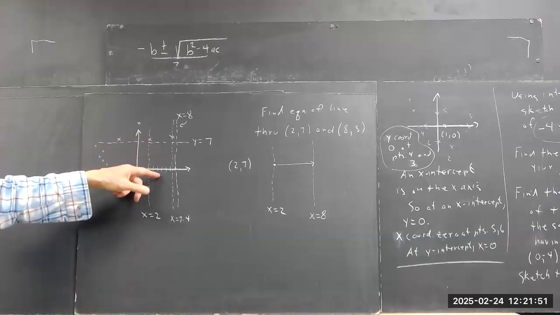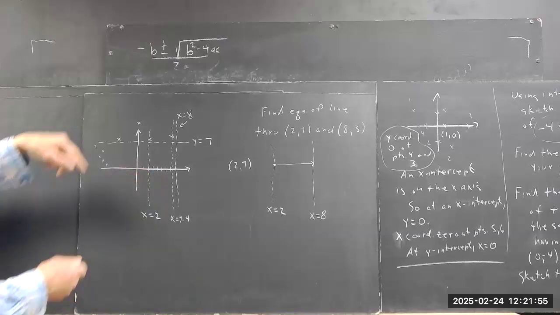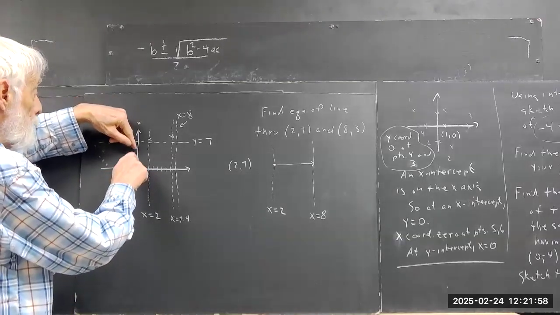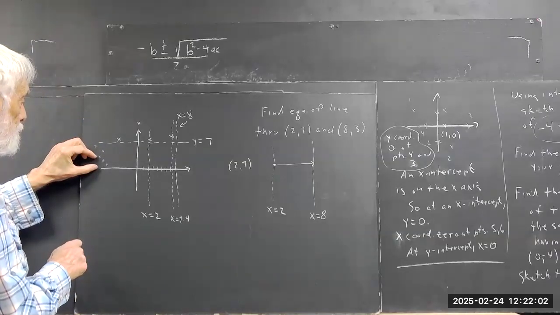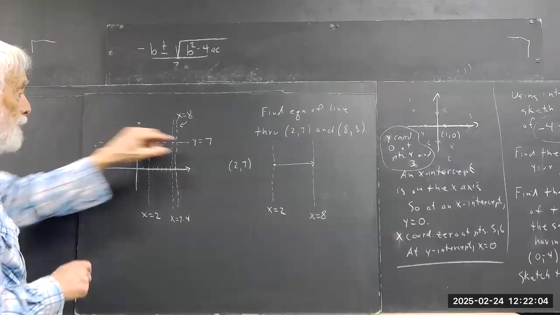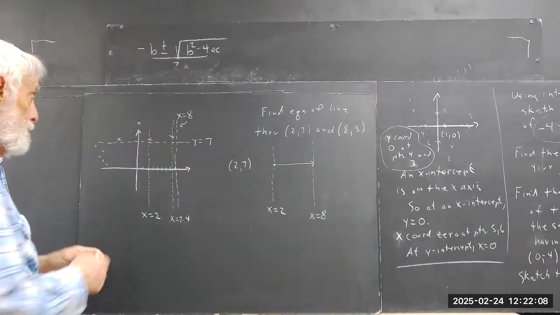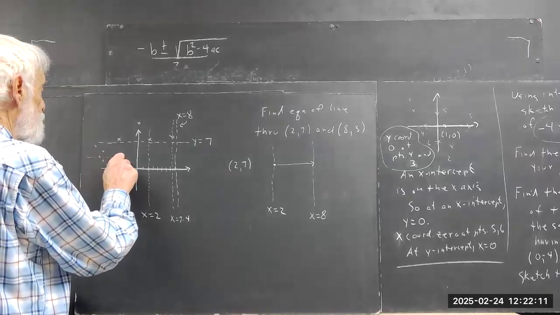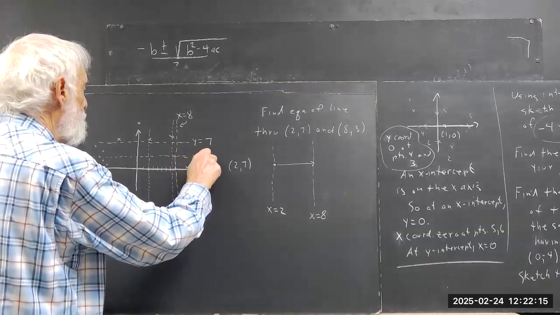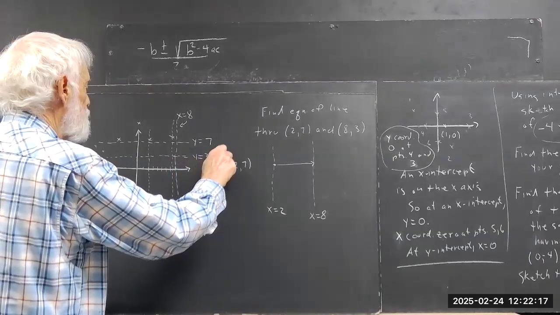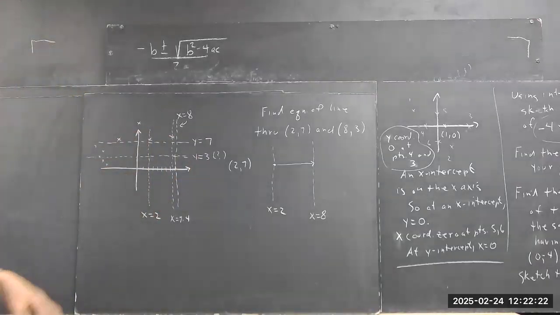Well, 3 is going to be a little less than half of 7, right? So between 0 and 7, halfway is 3.5. That would be like right here. So this is a little closer to the x-axis than it is to the y equals 7 line. Okay. So I'm going to say this is probably the closest to y equals 3. Question mark there, because this one looks almost halfway. That looks more like 3.5.